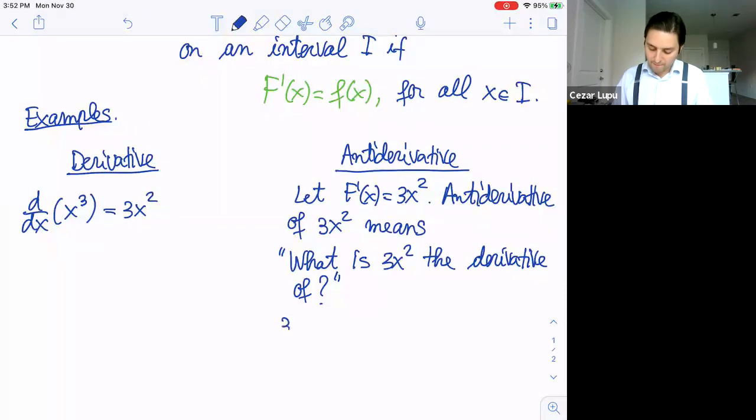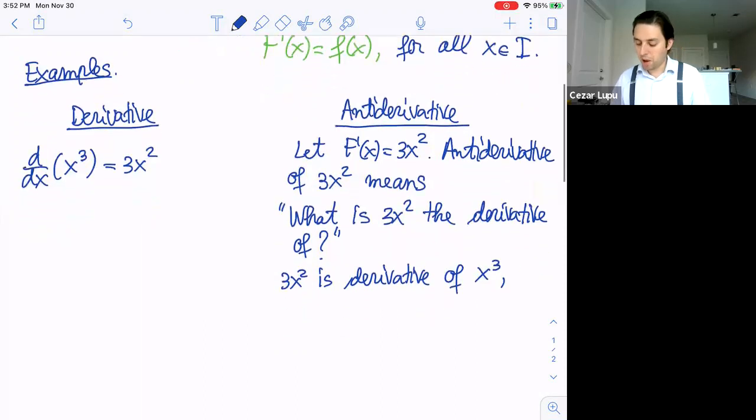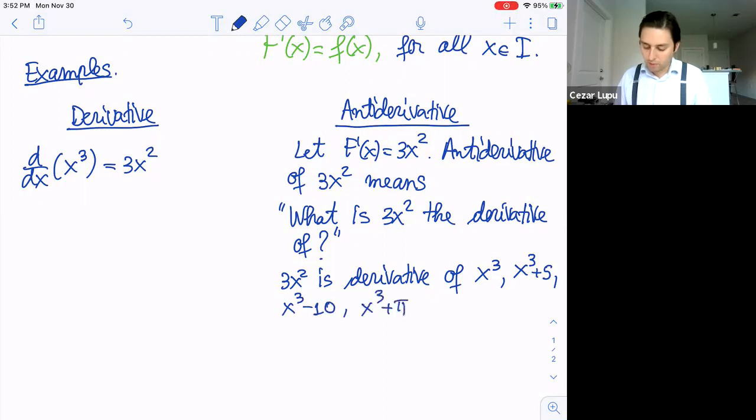Right? And now the answer, well, 3x squared is the derivative of x cubed. Or you can say x cubed plus another constant, 5. Or you can say x cubed minus 10, or x cubed plus pi to the 4th, and so on. You see, you can add a constant here, so it doesn't really matter.